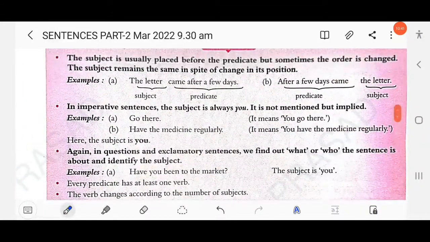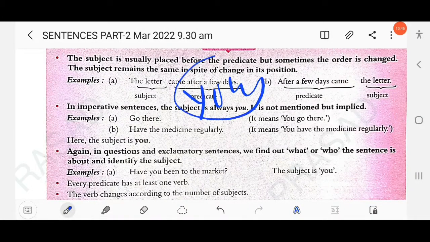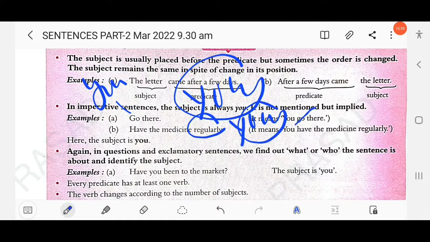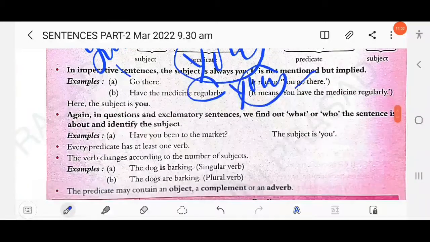As you know, in an imperative sentence the subject is hidden: you. Go there, here the subject is you. Have the medicines regularly, here you is hidden. In an imperative sentence the subject you is considered the subject.